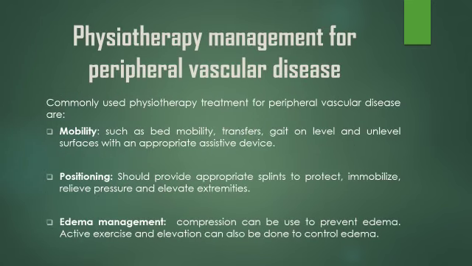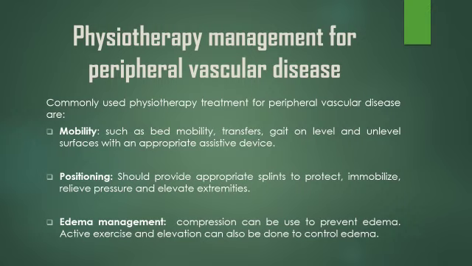Physiotherapy management for peripheral vascular disease. Commonly used physiotherapy treatments for peripheral vascular disease are mobility, such as bed mobility, transfer, gait on level and unlevel surfaces with an appropriate assistive device. Positioning.